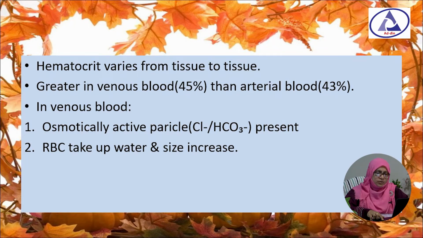Hematocrit usually varies from tissue to tissue. It is greater in venous blood, that is 45%, than in arterial blood, about 43%. In venous blood it is more because osmotically active particles, chloride and bicarbonate ions, are present here, and the chloride shift mechanism also occurs here. So RBCs take up water and their size increases.